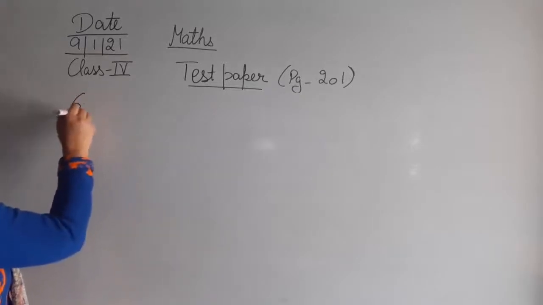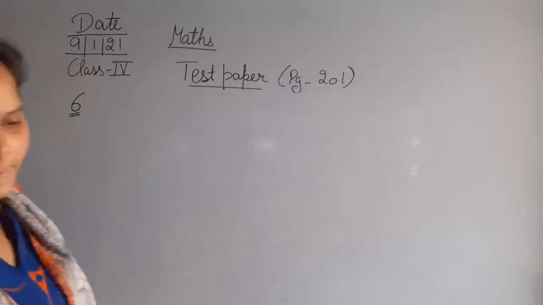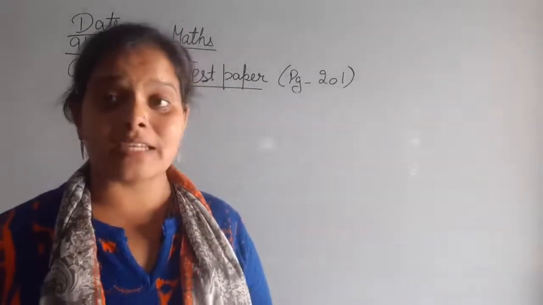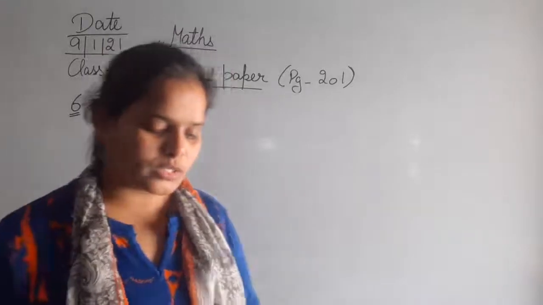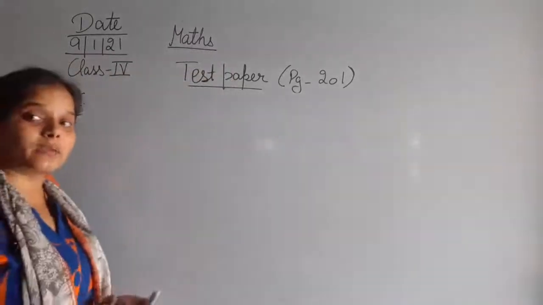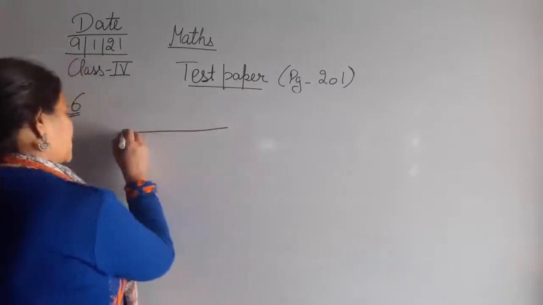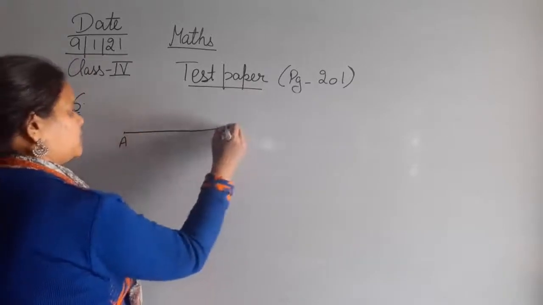So sixth question is, how many lines of symmetry does a line segment have? Okay, so first of all they are talking about the line segment. So this is a line segment. Okay, मैंने इसको नाम दिया AB.